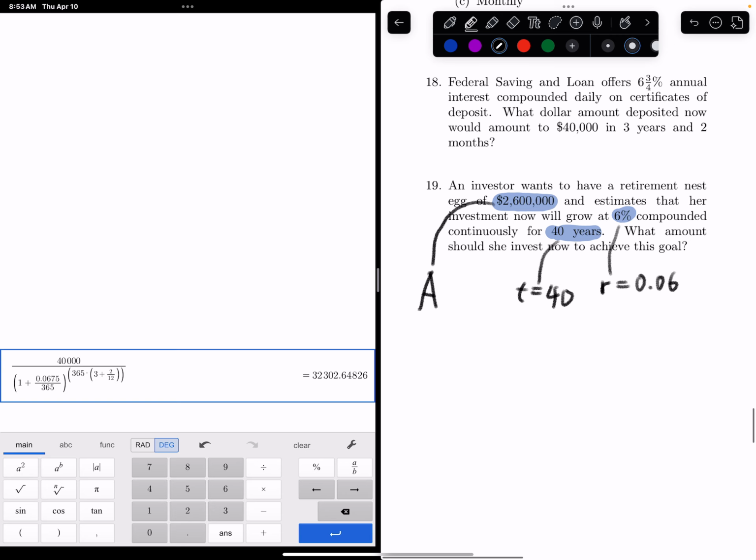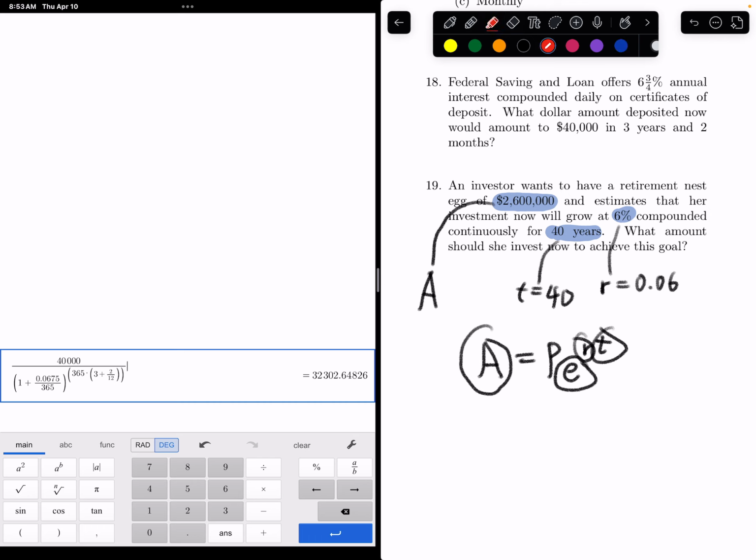All right, so we're using the formula A is equal to P times E to the RT. Just now we were told A, we were told R, we were told T. Remember, E is just a constant, so the only thing that is missing is the P.